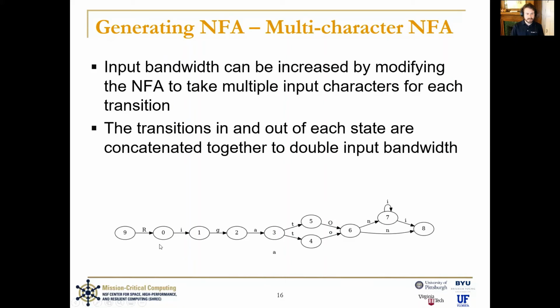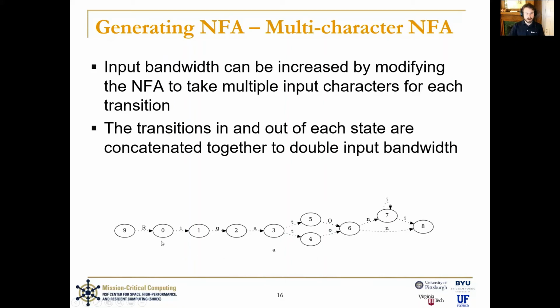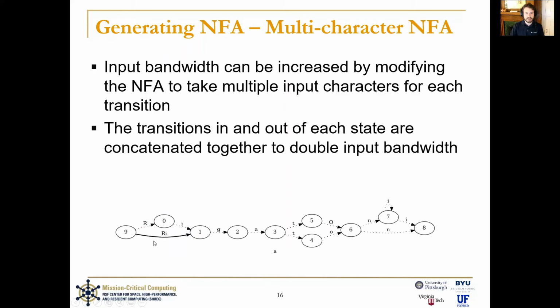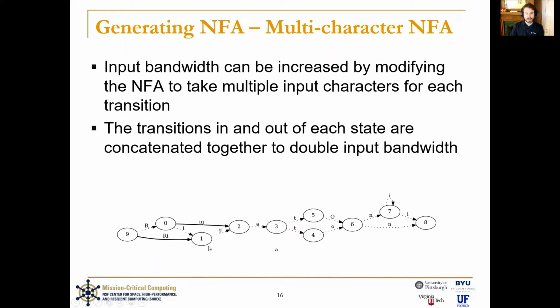Here, in state 0, we look at all transitions into and out of the state. We then concatenate these transitions together, forming one large transition, which checks the criteria of both smaller transitions. We can do this on each state, even more complicated states with multiple input and output characters.